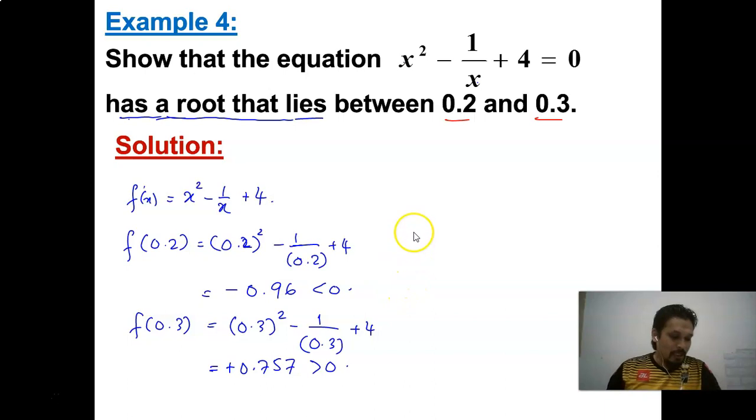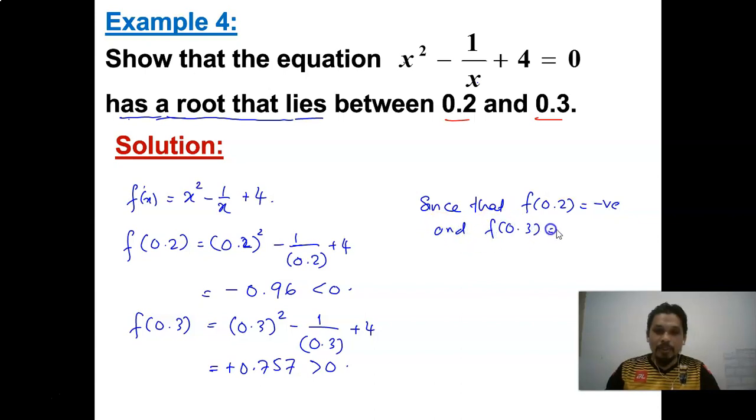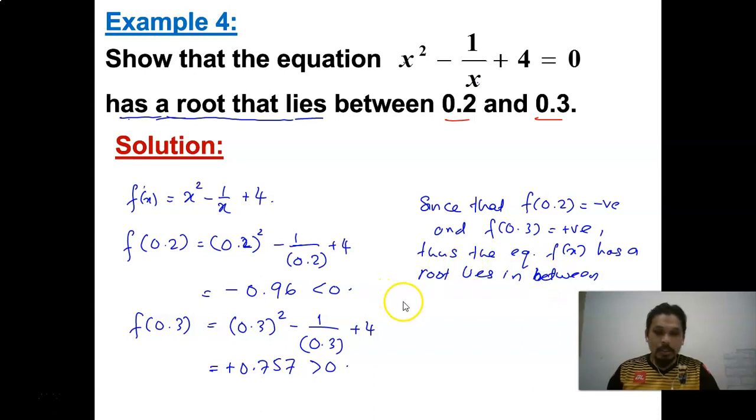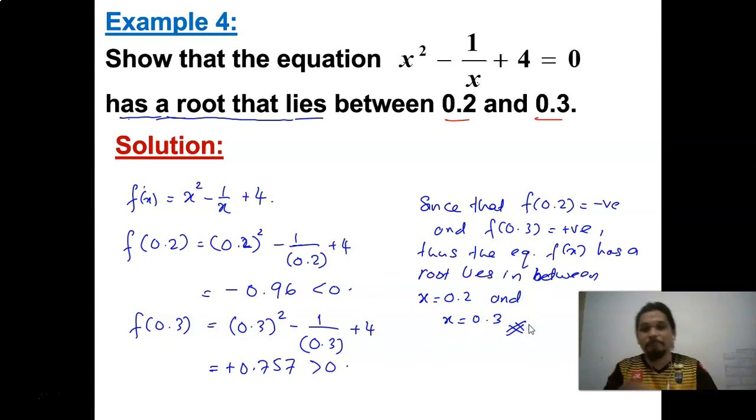So we come up with the conclusion, referring to this, since f(0.2) gives us a negative value and f(0.3) gives us a positive value, thus the equation of f(x) has a root that lies in between x equal to 0.2 and x equal to 0.3.